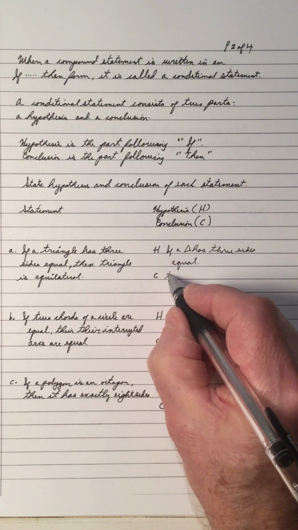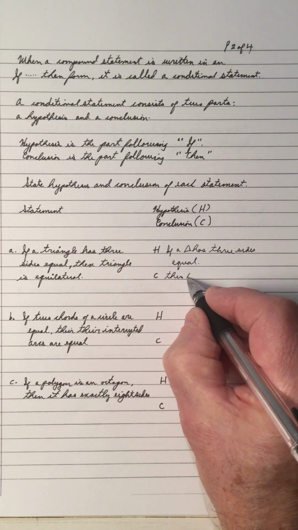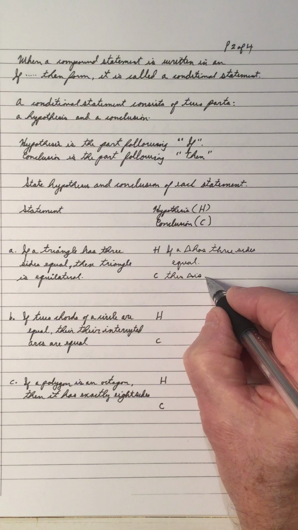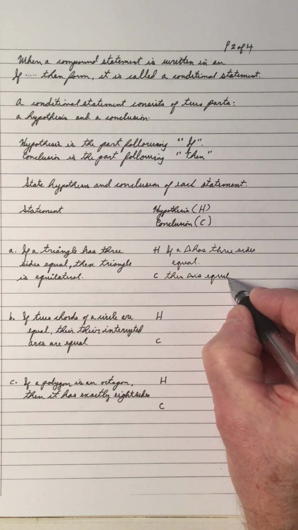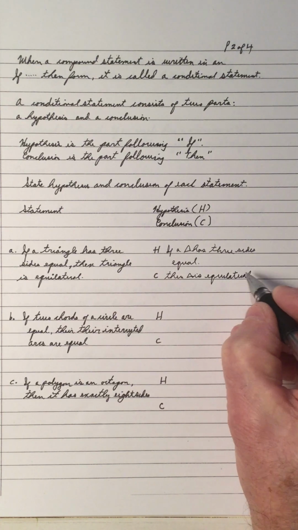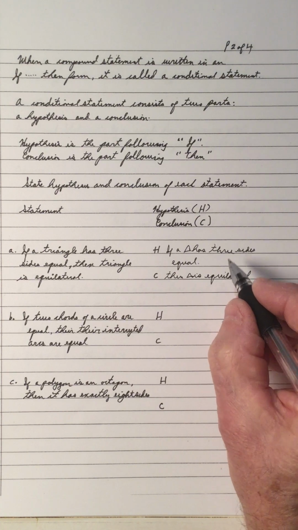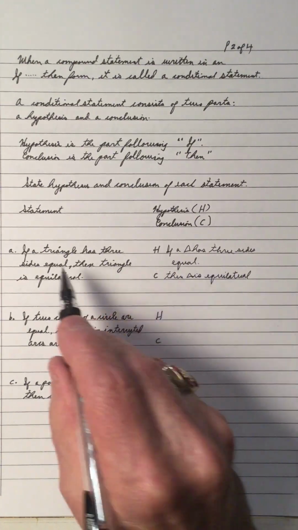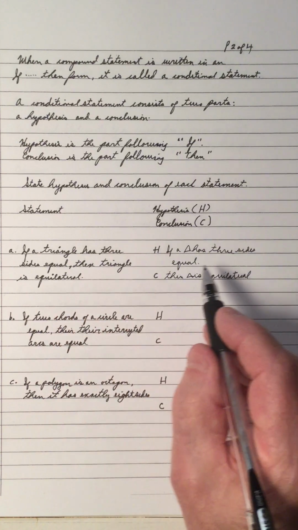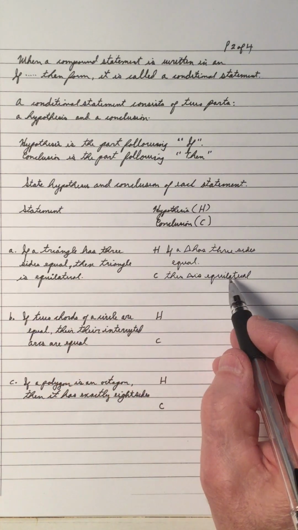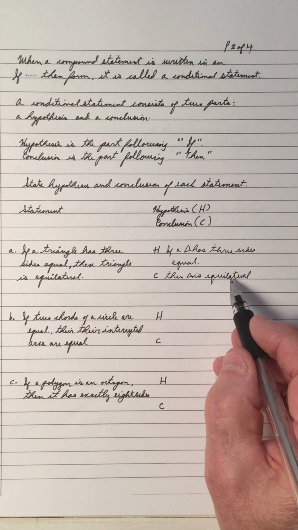The then part: then the triangle is equilateral. So the part after the if is the hypothesis, the part after the then is the conclusion.